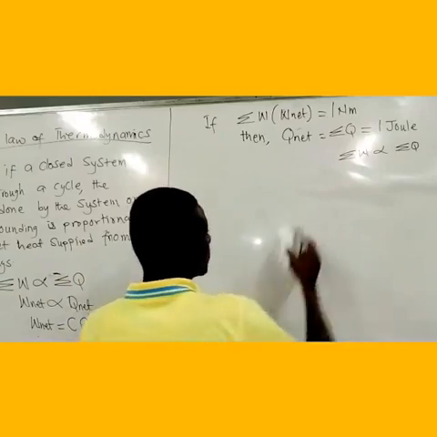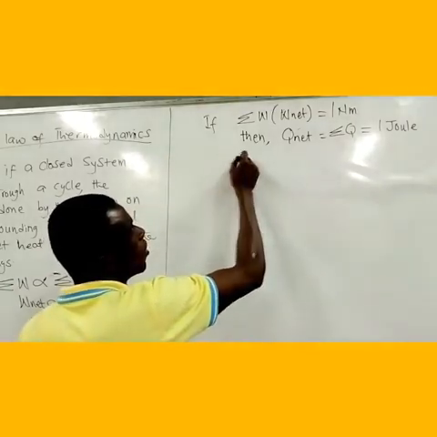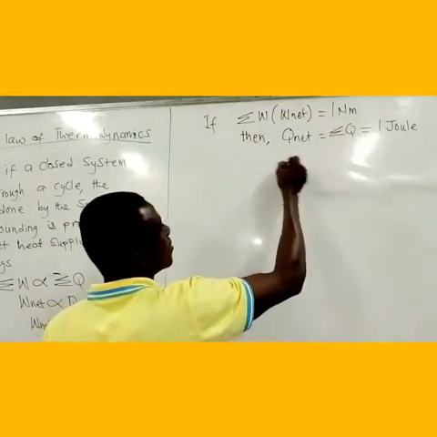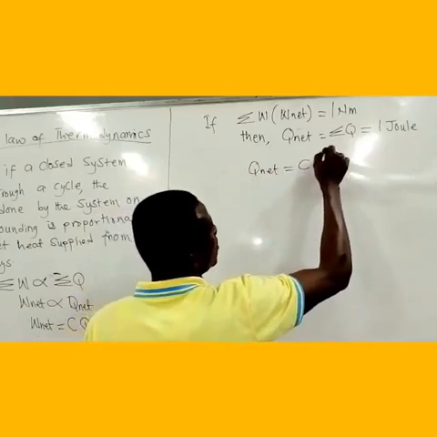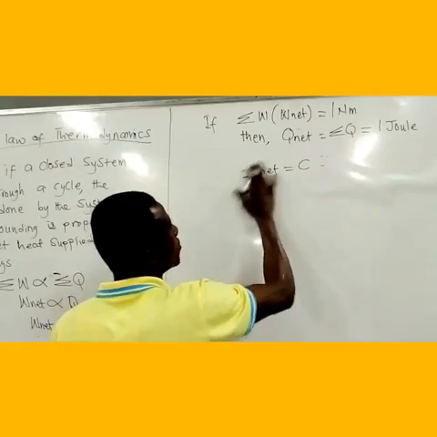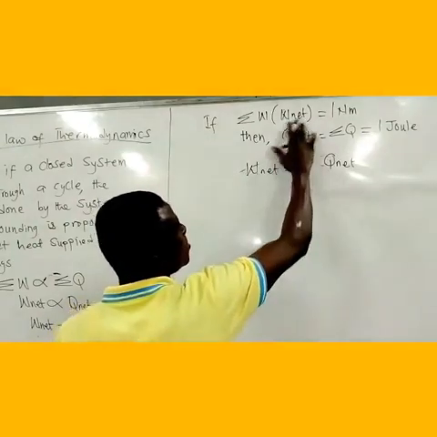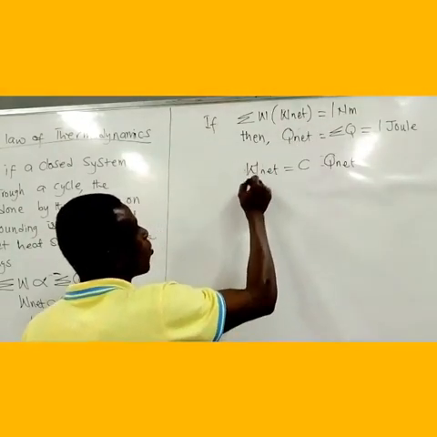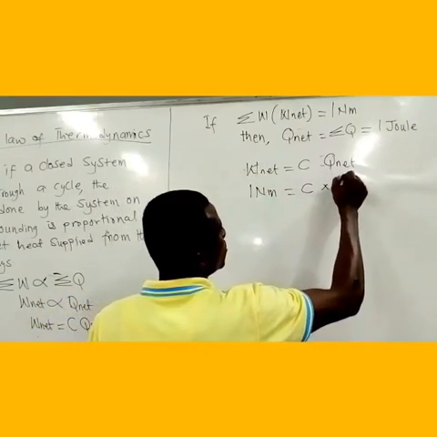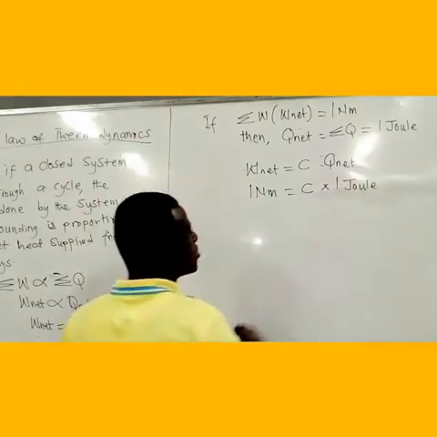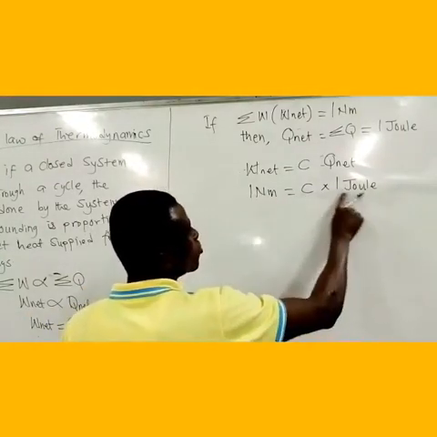So it follows that if you substitute this information into the equation we just derived, work net is equal to a constant times Q net, we are going to have 1 Newton meter equal to a constant times 1 joule, which means that 1 Newton meter is equal to 1 joule.